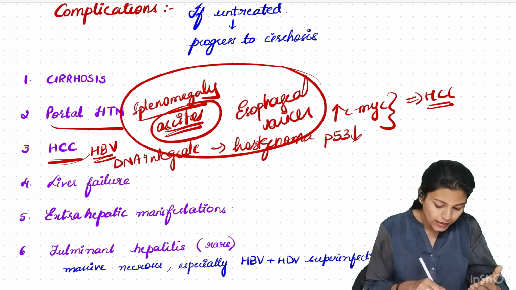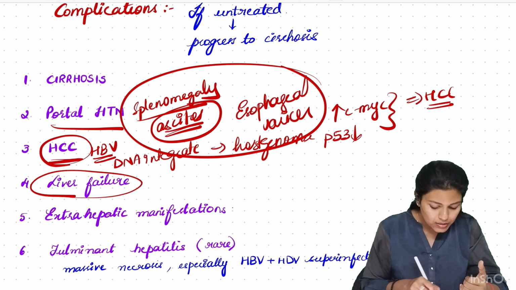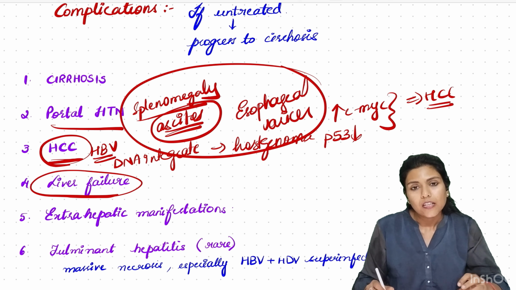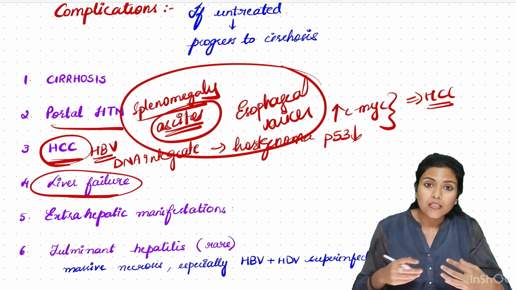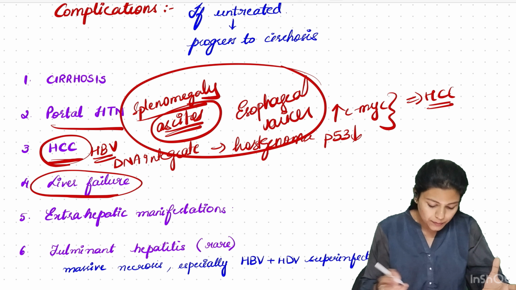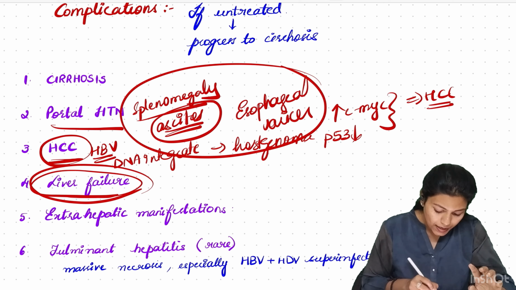This cancer is one of the complications, and ultimately liver failure. When the liver is left untreated, the ongoing inflammation and injury, and the total collapse because of bridging fibrosis and cut off of blood supply, will ultimately result in liver failure.